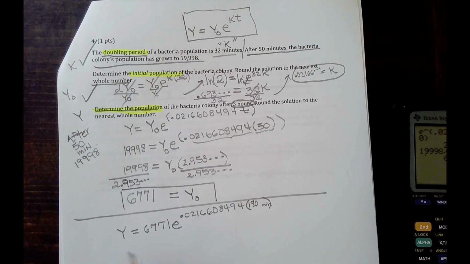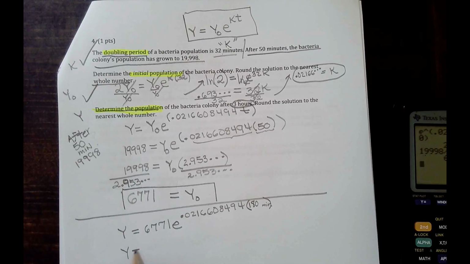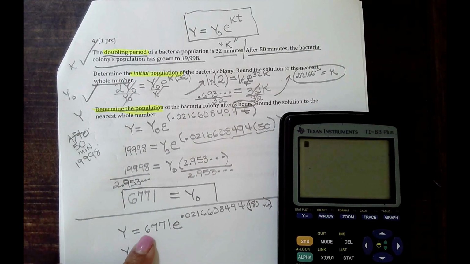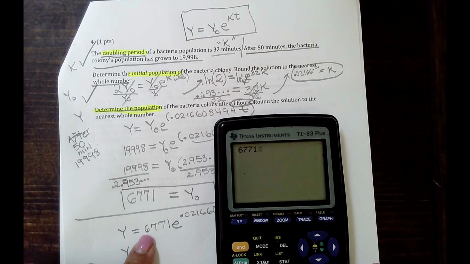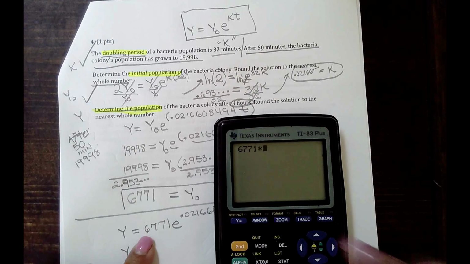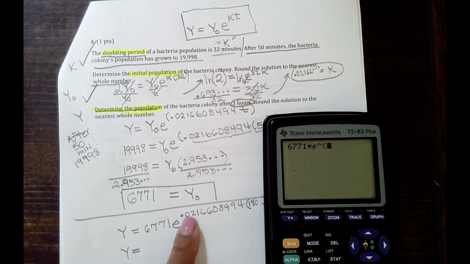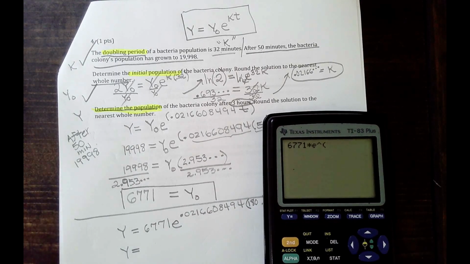Okay, so here we go for the final population. It's just going to be 6771 times second function e, and then the power on e is this big long number, 0.021 times 180.